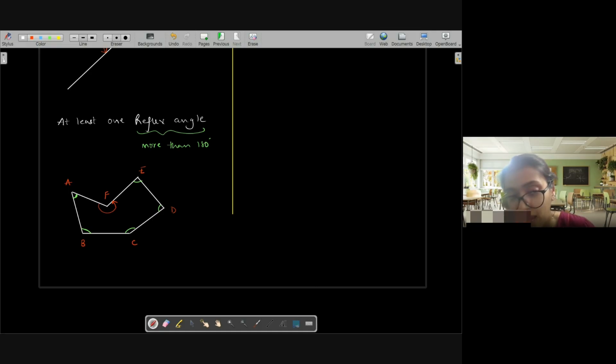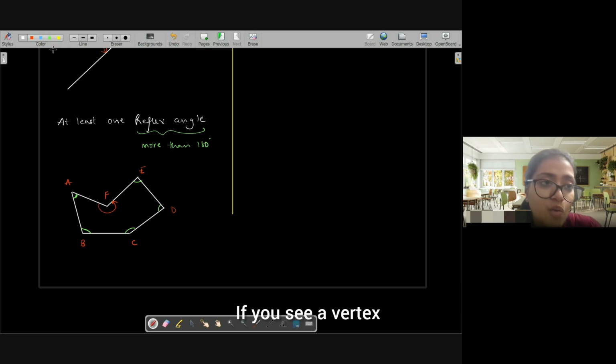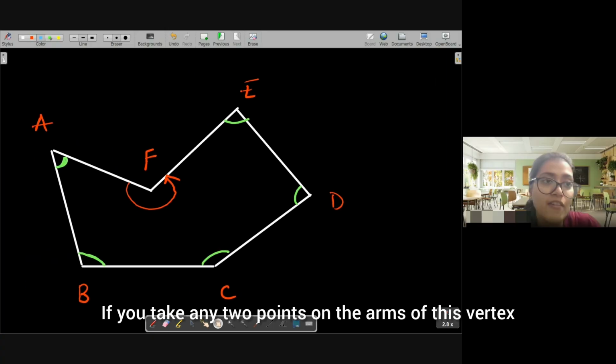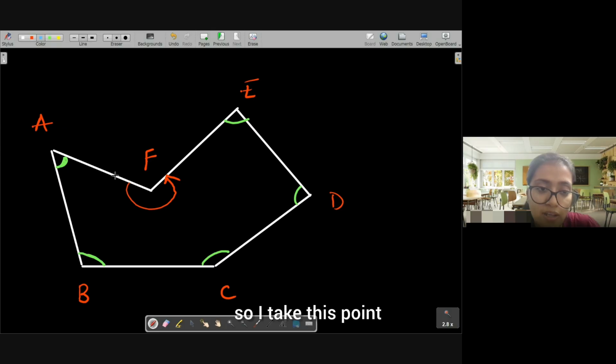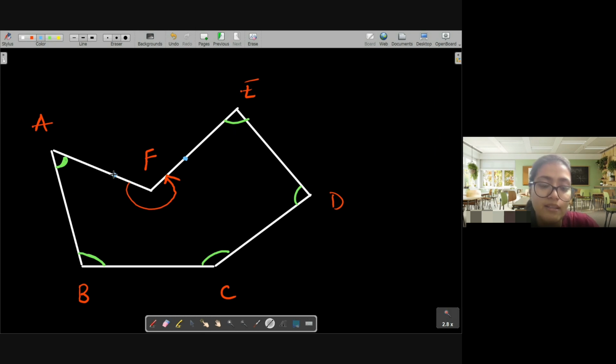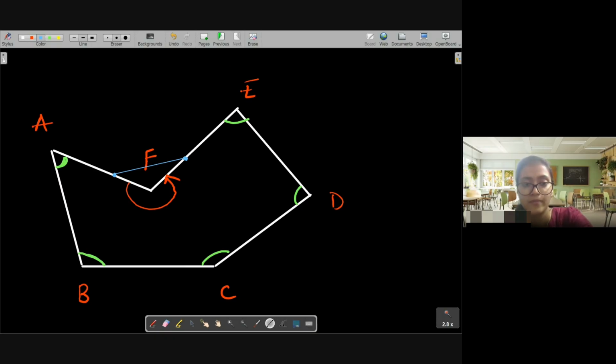Now, Megan, I'll tell you one more way to identify a concave polygon. If you see a vertex, see, this is the vertex which is problematic for us, right? If you take any 2 points on the arms of this vertex, so I take this point and this point, and you try to connect these 2 points, then if this line is outside the polygon, it will be a reflex angle.